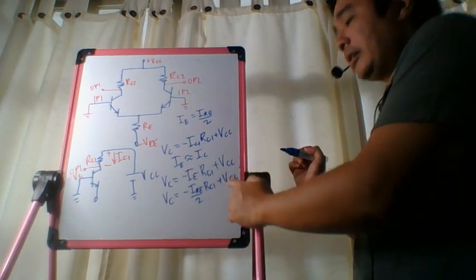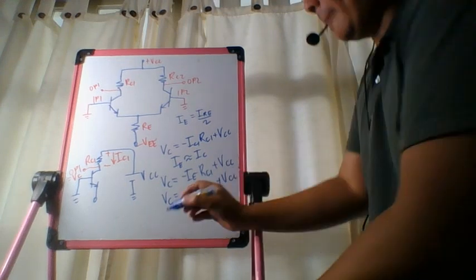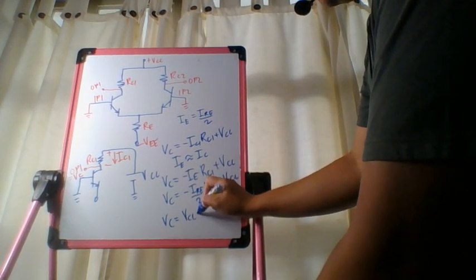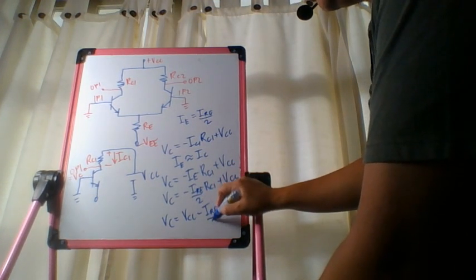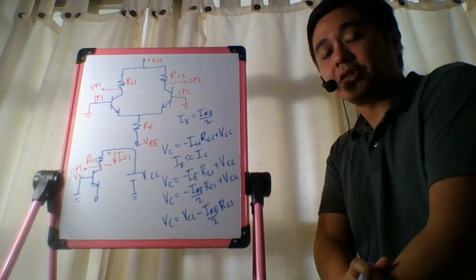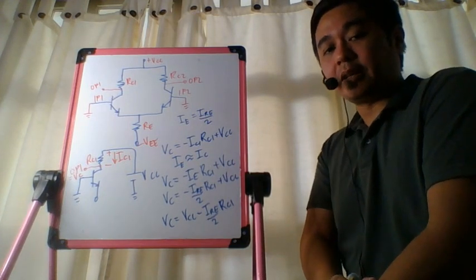So let us rewrite this equation in a manner na mauna yung VCC. No? So we have VC is equal to VCC minus IRE over 2 times RC1. So this is our working equation in order for us to determine our output voltage taken from the collector.